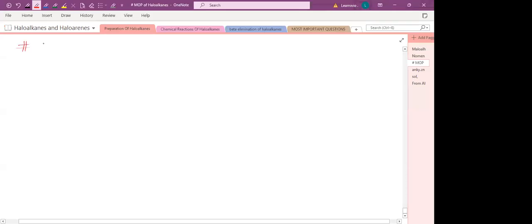Okay, write down factors affecting SN1 and SN2. First factor is nature of substrate.